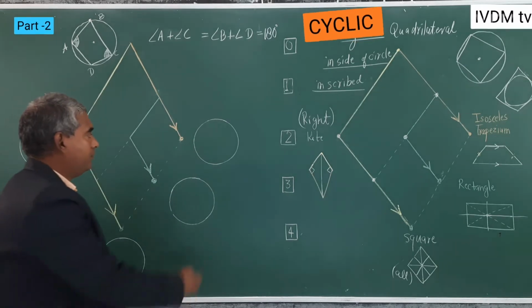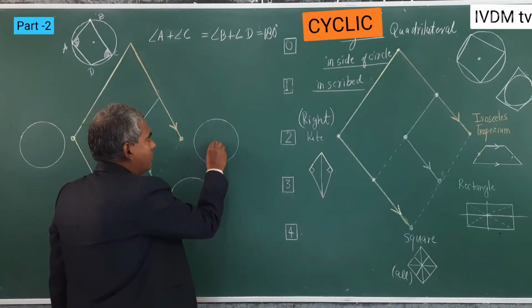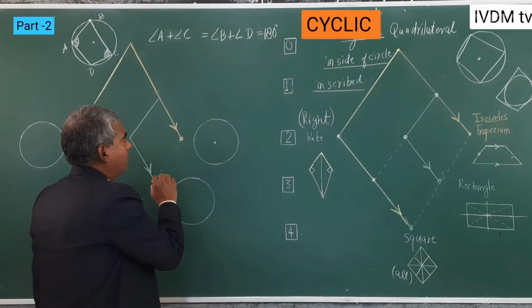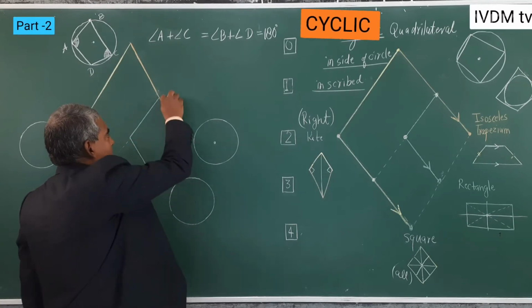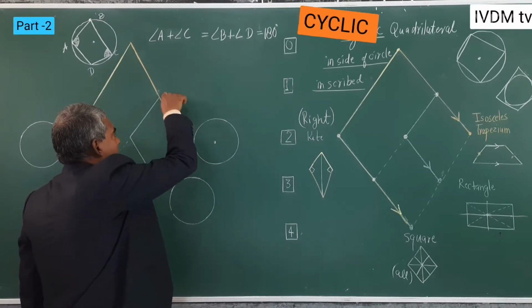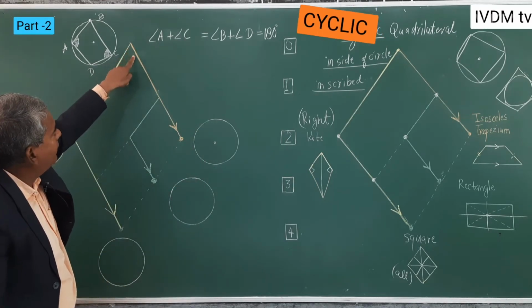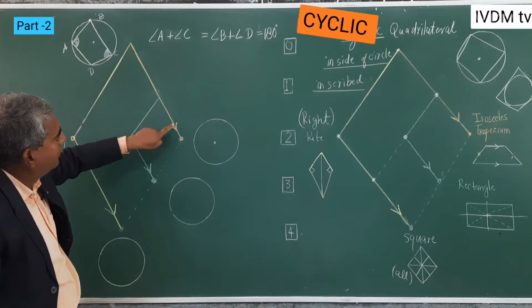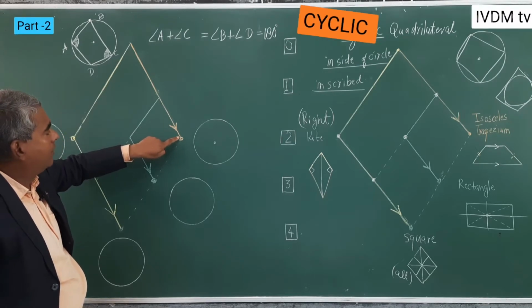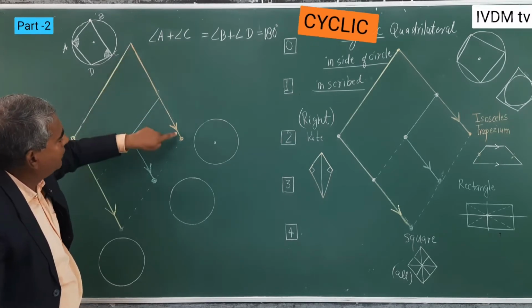Why? How? So this is the circle. Actually a trapezium is there, but the trapezium has been changed. That is why I have used this red chalk here, directly from this to this.